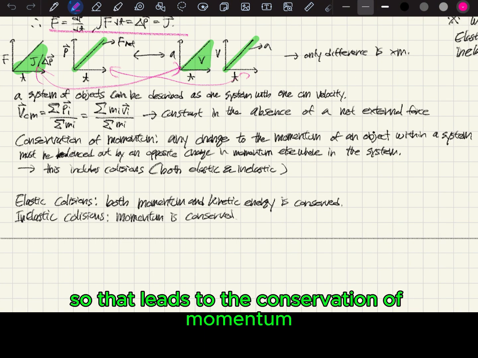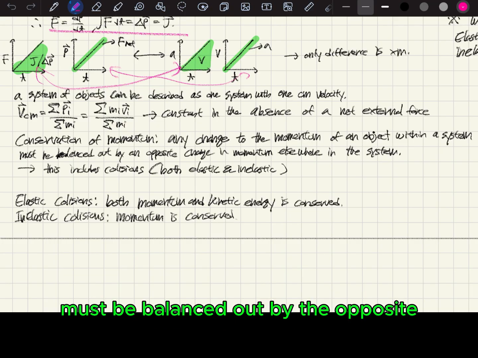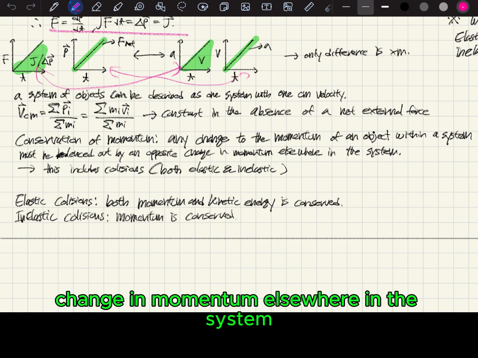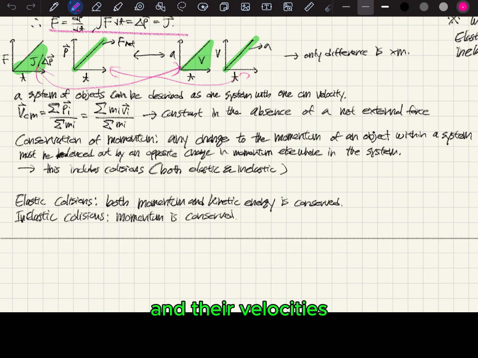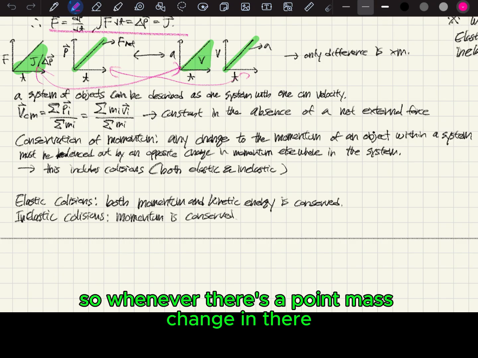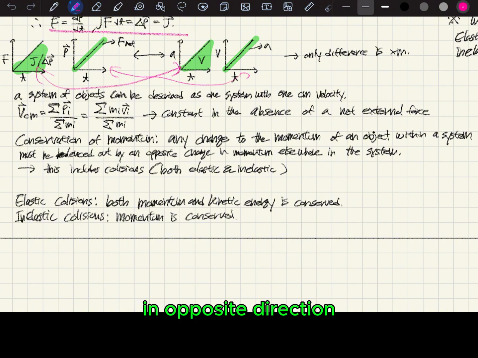So that leads to the conservation of momentum. Any change to the momentum of an object within a system must be balanced out by the opposite change in momentum elsewhere in the system. You can also think of this as the idea of point masses and their velocities. Whenever there's a change in one point mass's momentum, there must be a change somewhere else in the opposite direction.